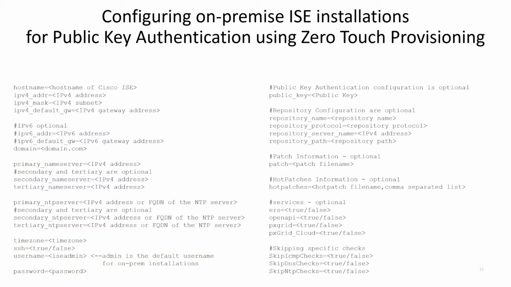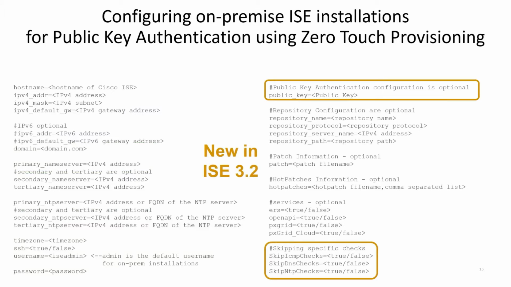This is all standard from 3.1, and 3.2 just added these specific parameters. Whether it's public key authentication, you can also skip your specific checks, ICMP, DNS, and NTP. That way, if you're waiting for your VPN to come up before you can actually ping your DNS server, then your installation will not fail. So that's a great thing there.